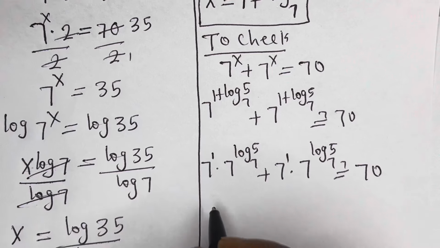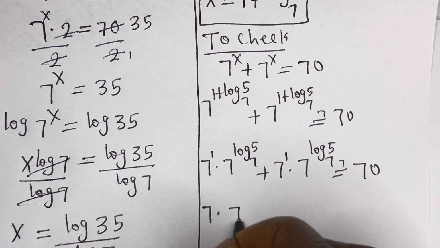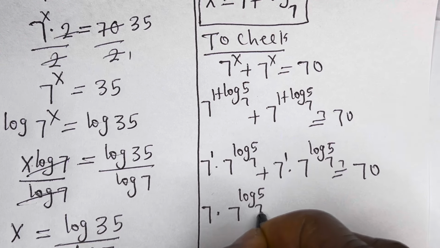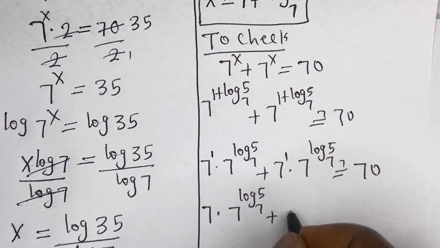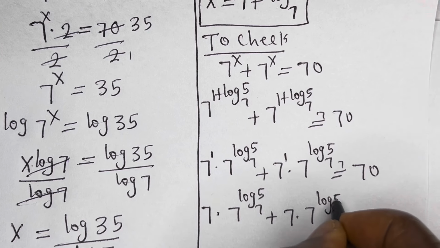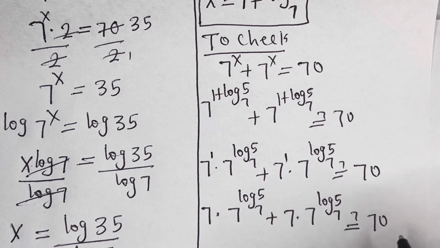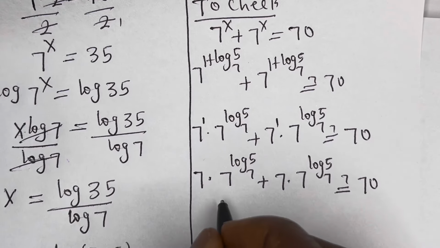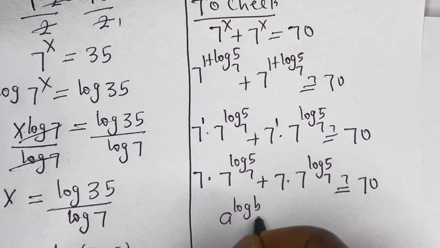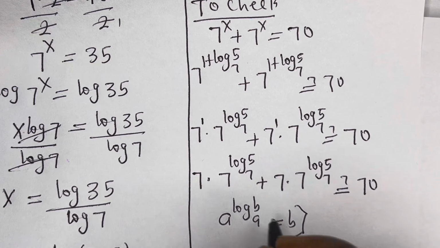7 raised to power 1 is 7, multiplied by 7 raised to power log 5 base 7, plus 7 multiplied by 7 raised to power log 5 base 7, must be equal to 70. Now if you have a to the power of log b base a, this is equal to b.